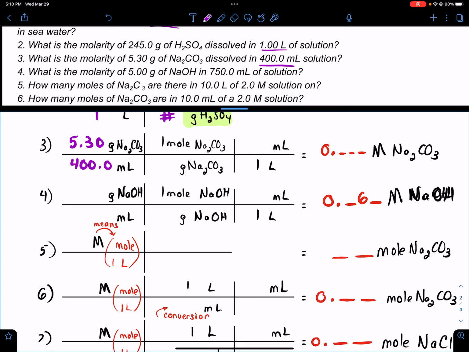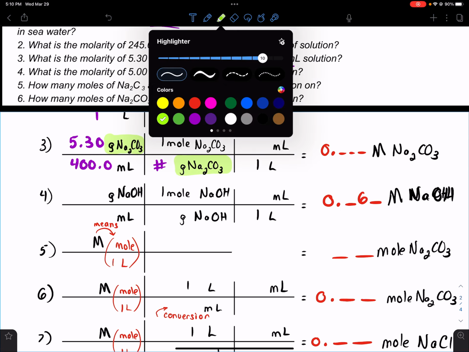The first one's pretty easy because you've already done this a bunch of times, where you have to get your molar mass. So you'll have to add that stuff up off the periodic table. You've got 2 sodiums, 1 carbon, 3 oxygen. Add up all that mass, and you're going to put it into the bottom there. The new part, you have to get rid of this milliliters thing.